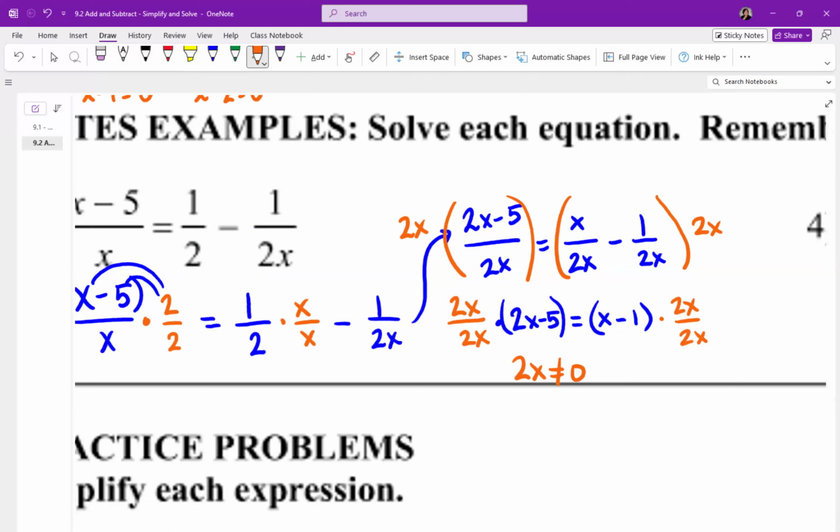And 2x would be equal to 0 if x was equal to 0. So my excluded value is 0. Then when I continue working on this, I don't have to keep the ones, the 2x over 2x, anymore.